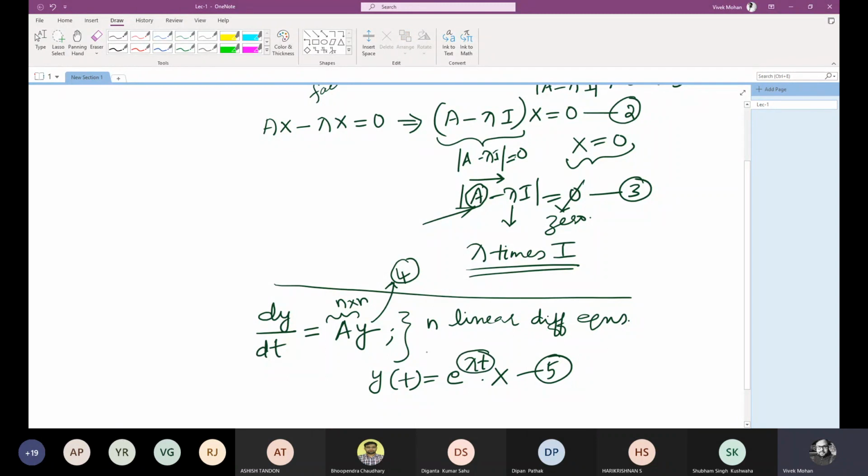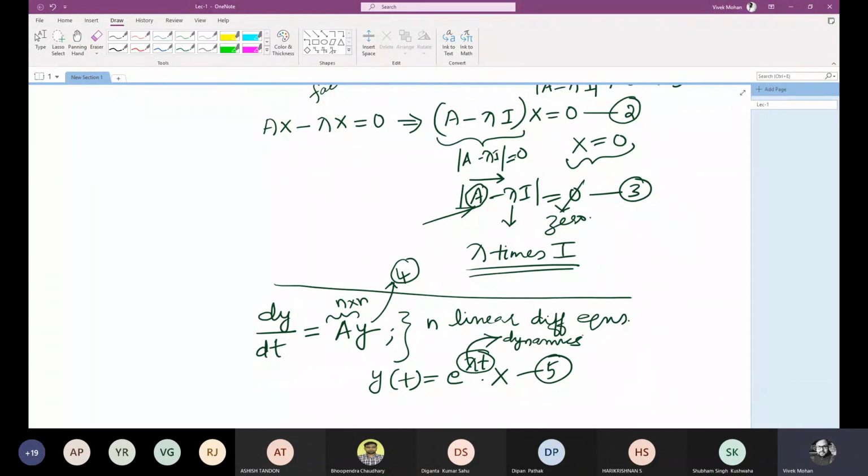So the dynamics of this variable y of t, which is time dependent, is completely governed by lambda. That means lambda, the eigenvalue, governs the dynamics of this particular system.